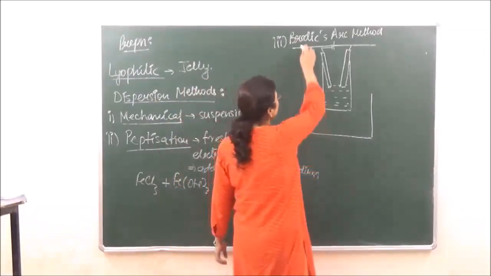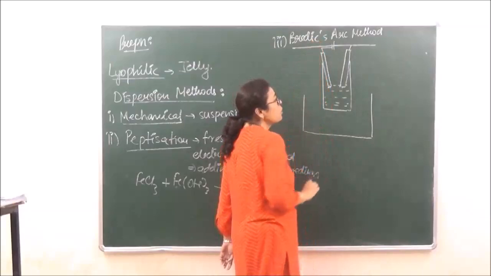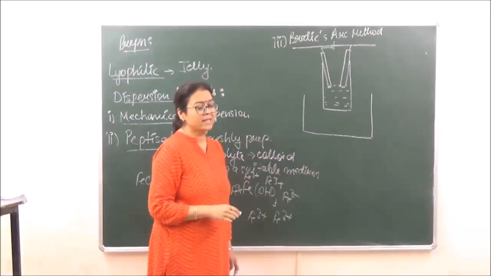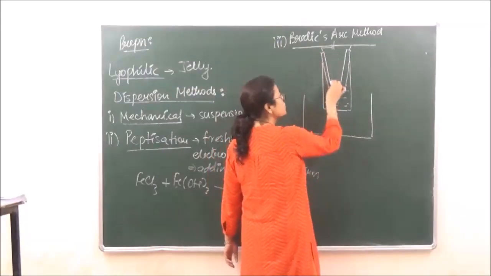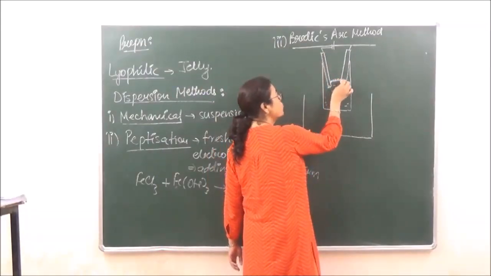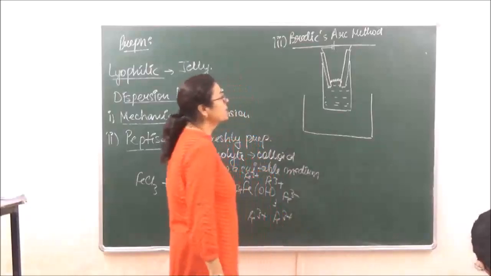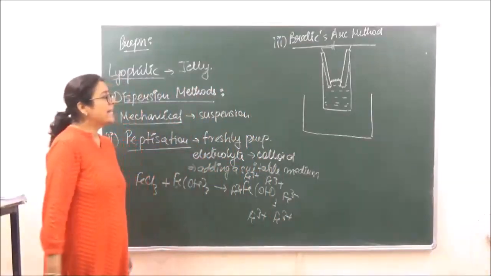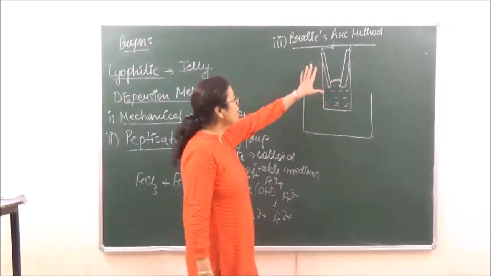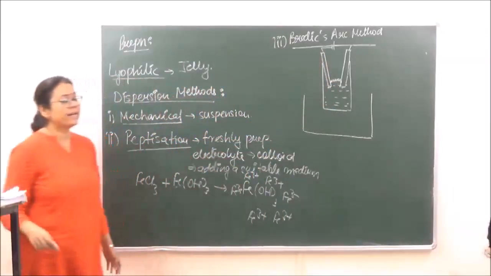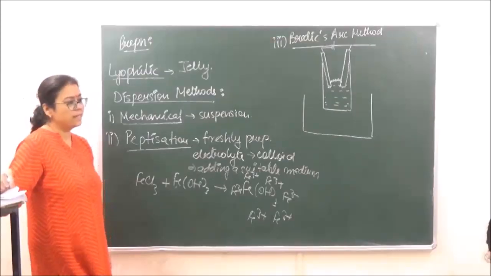Now why is it known as Bredig's arc method? This process was given by the scientist Bredig, so it is named after him. The arc is that as soon as a very high voltage is applied on these electrodes, an electric arc can be seen at this point. That is why this method is known as Bredig's arc method. Okay? Clear?